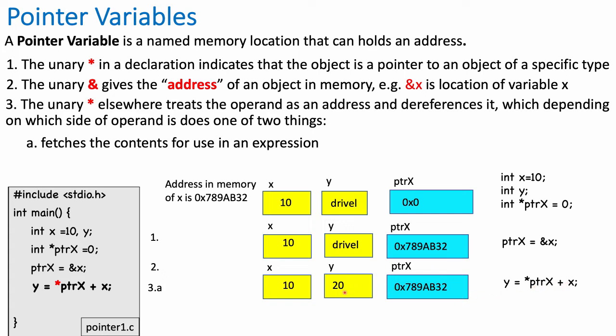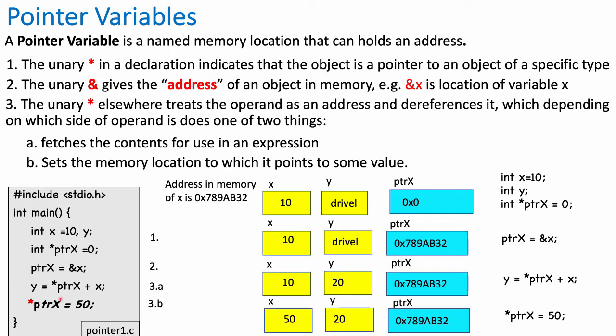So we're assigning y to have the value 20. If we have the star on the left-hand side of the assignment, we are saying to set whatever pointer x is pointing to, which is x, equal to 50. So this is like saying x is equal to 50.